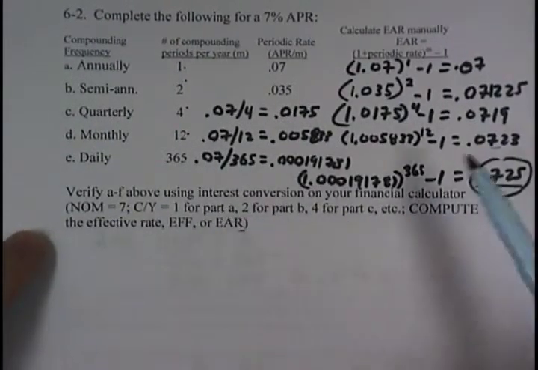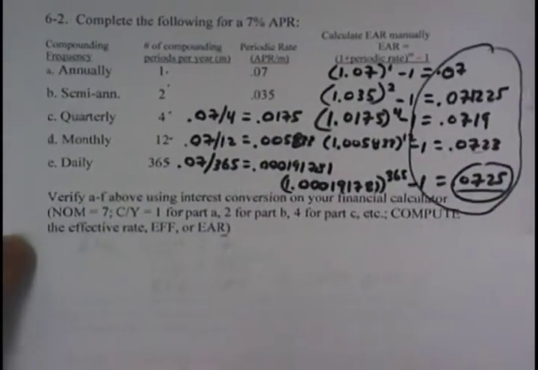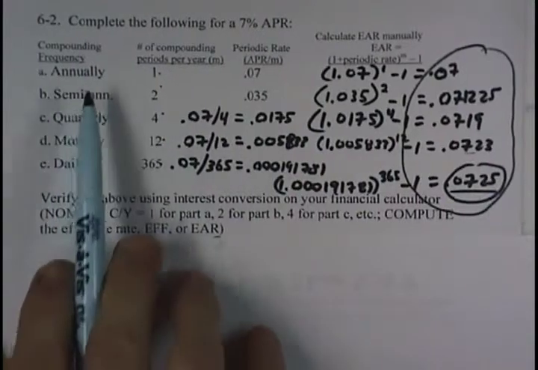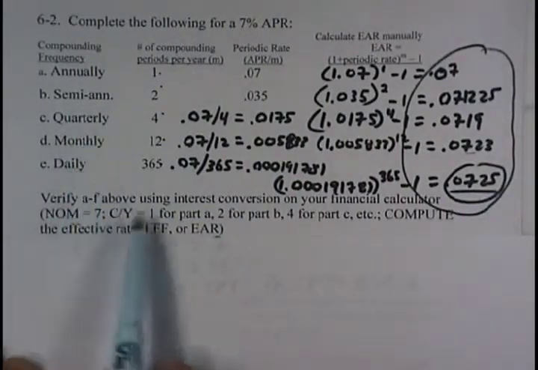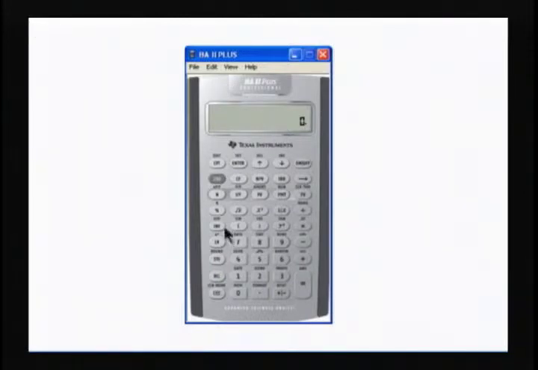So we're asked to verify the results here using the interest conversion feature on our calculator for annual, semi-annual, quarterly, monthly, daily compounding. Remember, interest conversion is right above the number 2, so second 2 will access interest conversion. In this case, I have a 7% nominal or APR rate, so I will enter 7 for nominal.